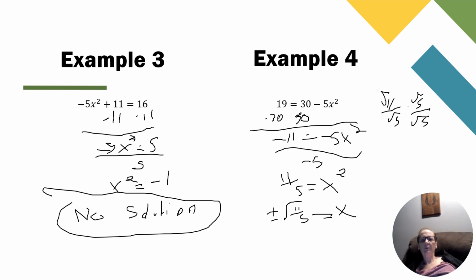And I get, still with the plus or minus, the square root of 55 on top, and on the bottom, I just have 5. And that's my final answer: plus or minus the square root of 55 all over 5.